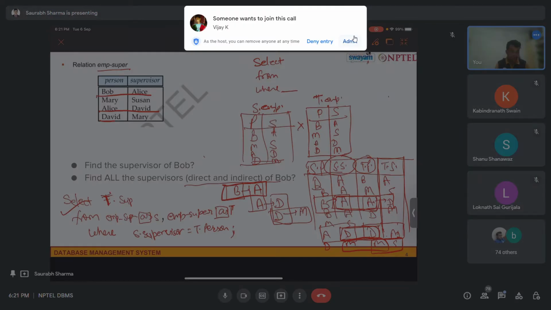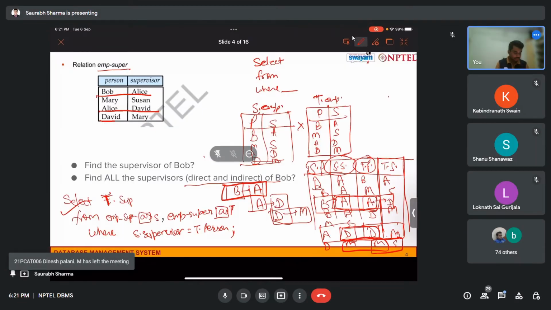For that, we perform the Cartesian product and we get the tuple where we have A as supervisor and also A as a person. S dot and T dot, we rename it whenever we perform the Cartesian product of a relation with itself.